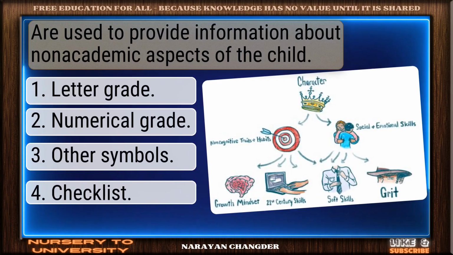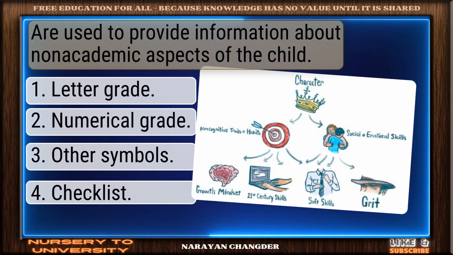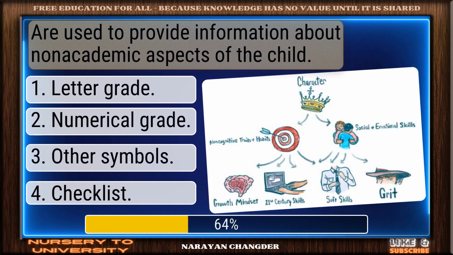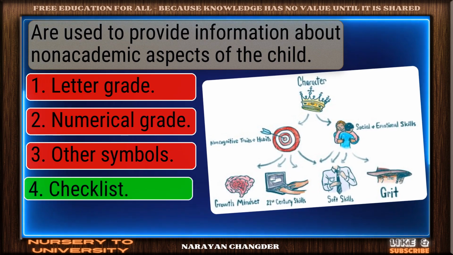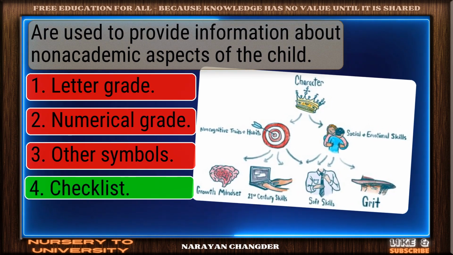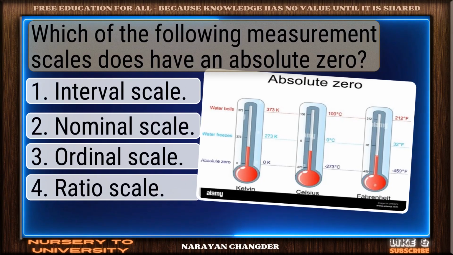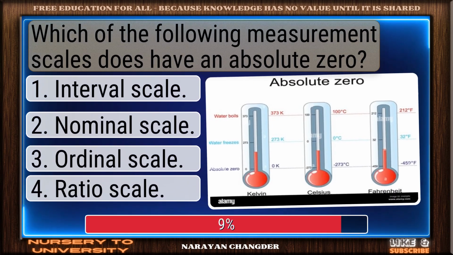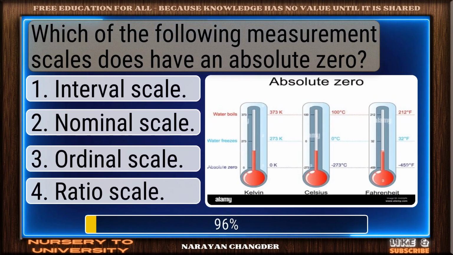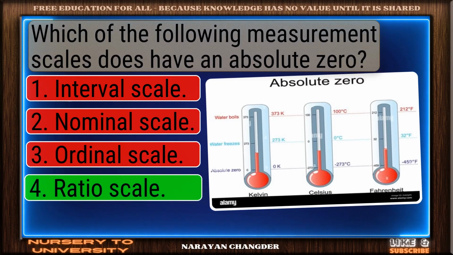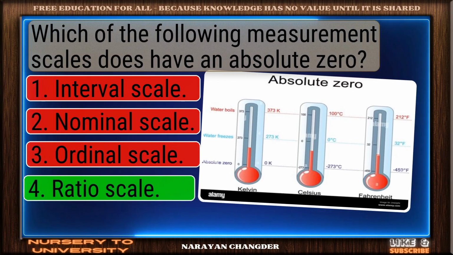Are used to provide information about non-academic aspects of the child. Correct. Checklist is the right answer. Which of the following measurement scales does have an absolute 0? Excellent. Ratio scale is a brilliant choice.